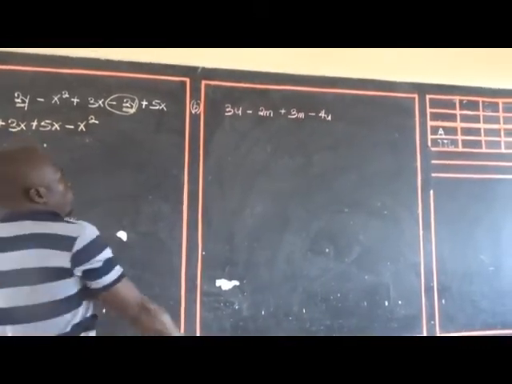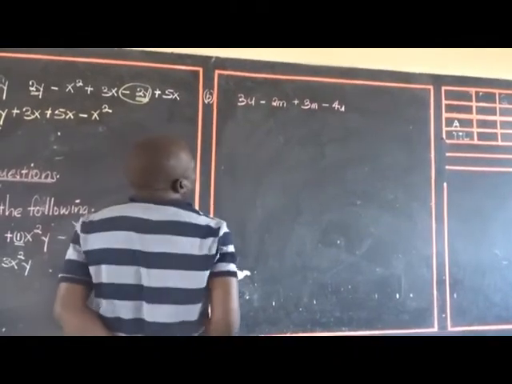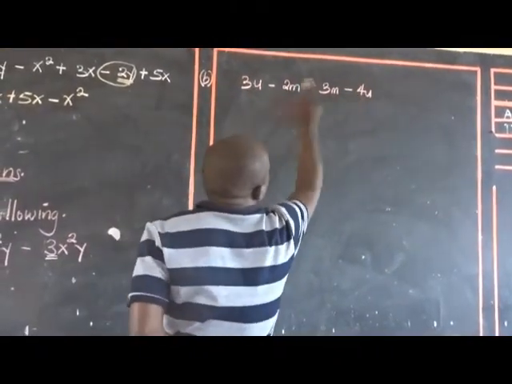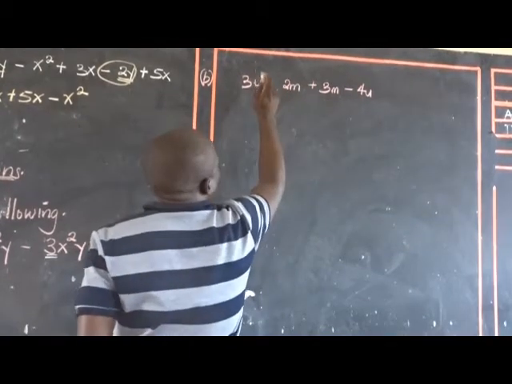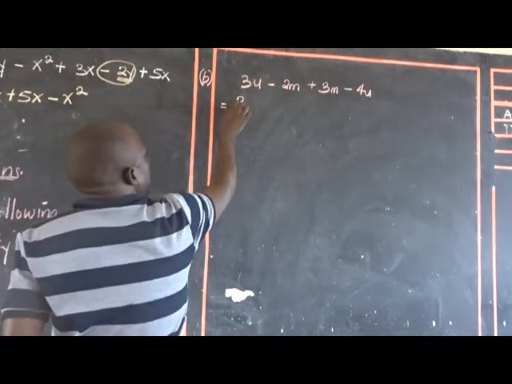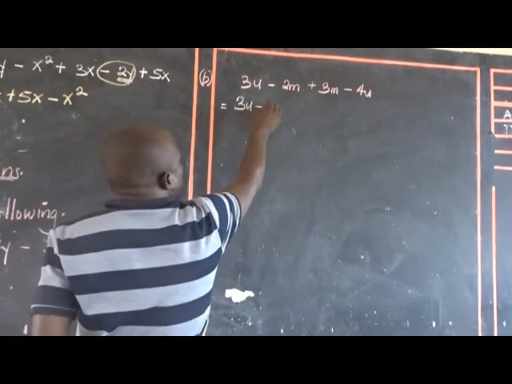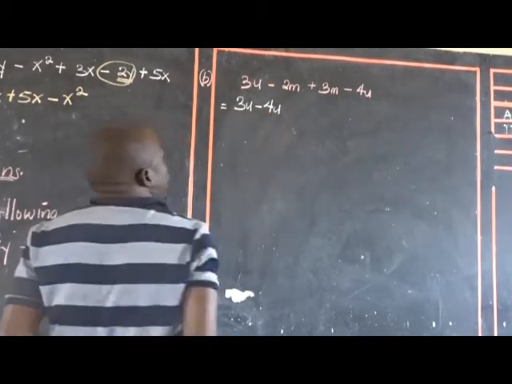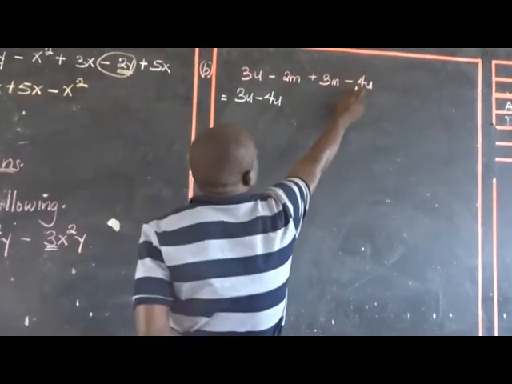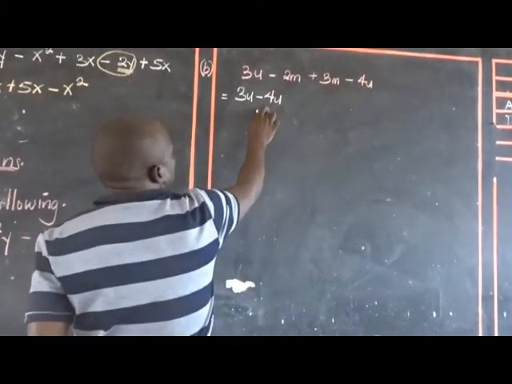Here, we are going to have to identify the like terms. This is 3u, this is 4u. Are they similar terms? Yes. Why? The variables are the same. So this will be 3u minus 4u. Remember, I have said every term comes with its sign. This one is a negative, so it will come as a negative.